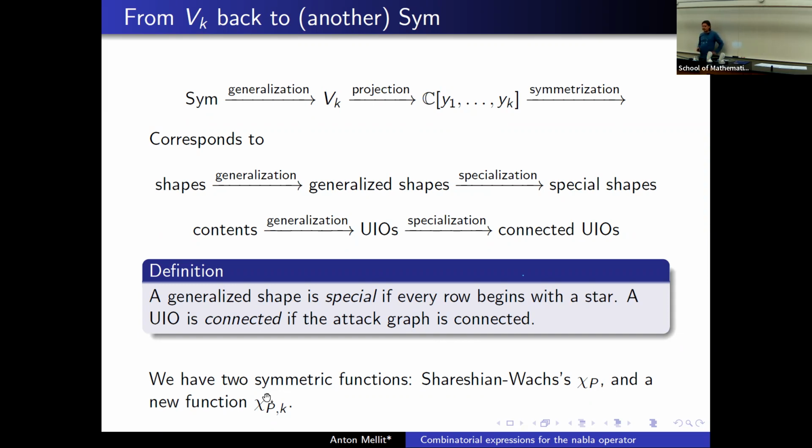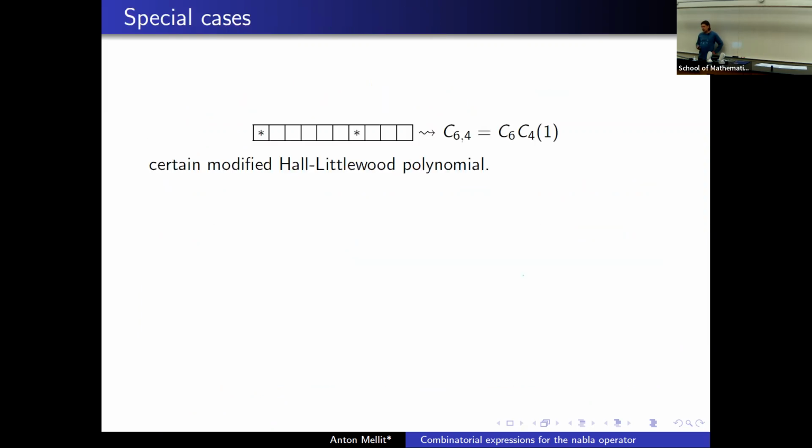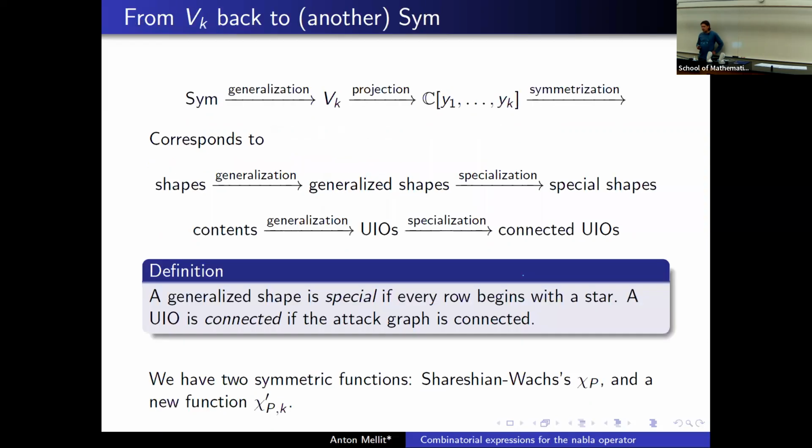It depends on the connected unit interval order and a number k, which is the number of maximal elements you choose. It can be any number less than or equal to the total number of maximal elements. Okay. So let me just, so what do we do with this?